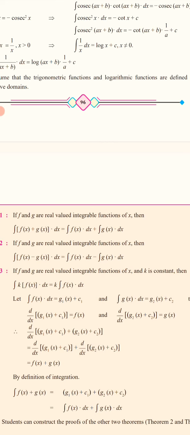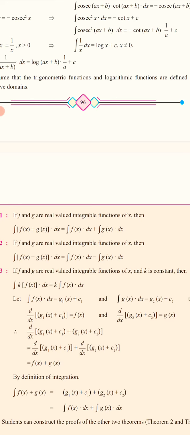Let integration of f of x dx be equal to g1 of x plus c1, and integration of g of x dx be equal to g2 of x plus c2. So d by dx of g1 of x plus c1 is equal to f of x, and d by dx of g2 of x plus c2 is g of x.